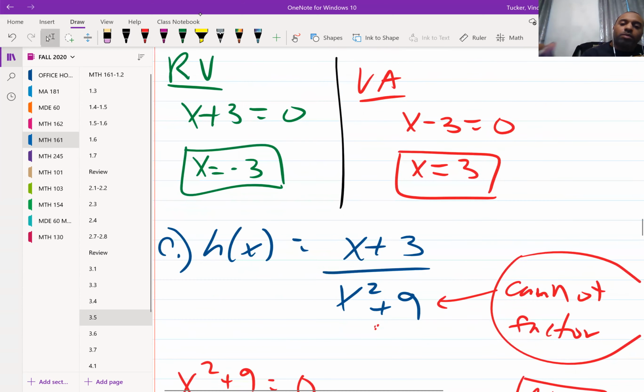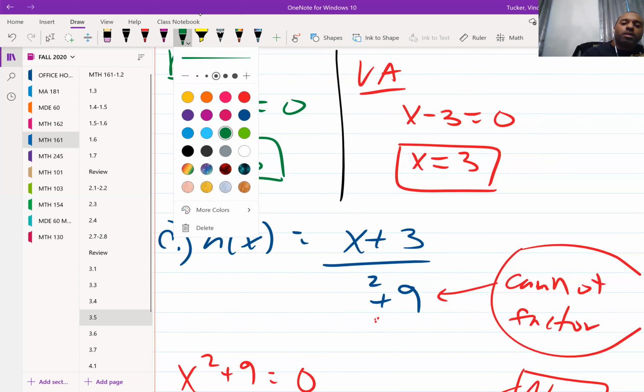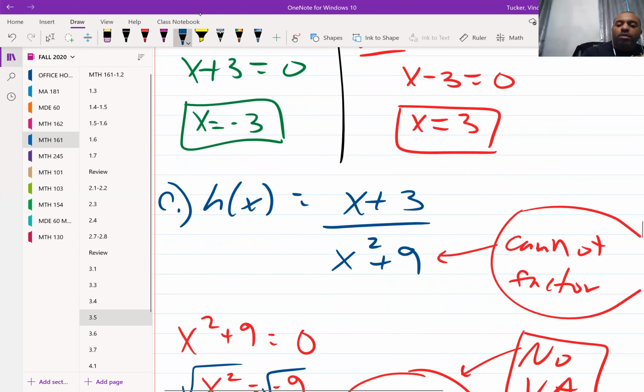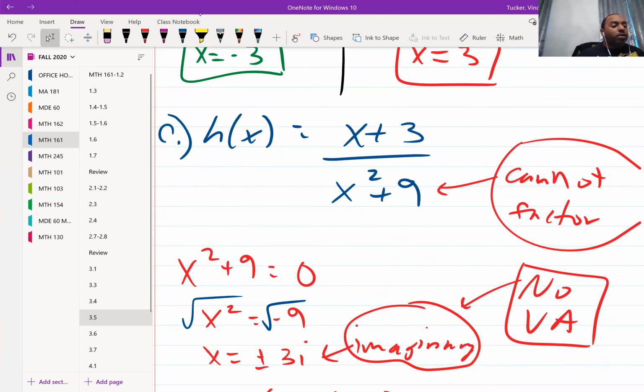All right, next one. X plus 3 over x squared plus 9. You cannot factor that. But if we set it equal to 0 and solve, we will get imaginary numbers.